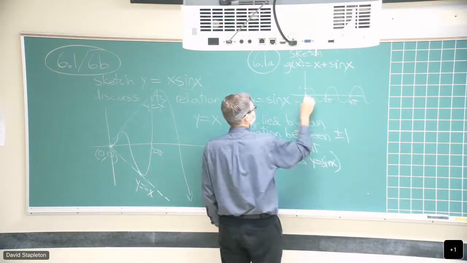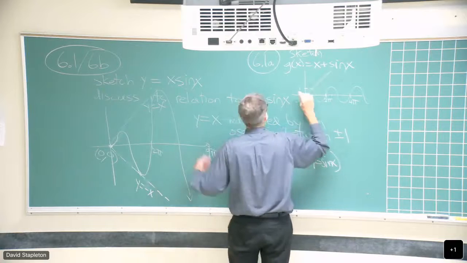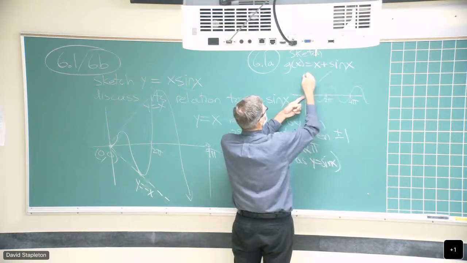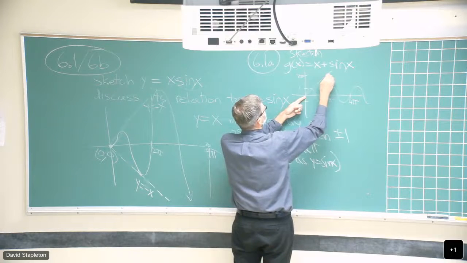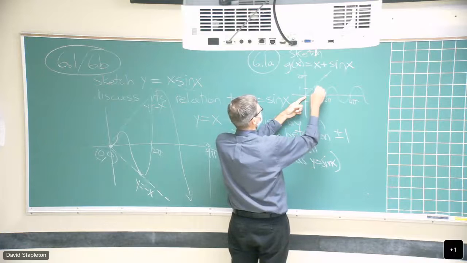And now y equals x, I know what that looks like. That's the line, right? Y equals x splits the axis, just like I drew it here. When x equals 2 pi, y equals 2 pi, for instance. There's pi.